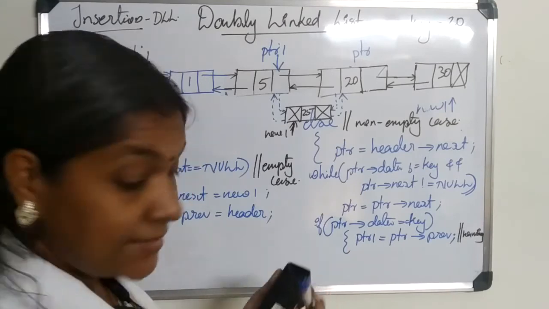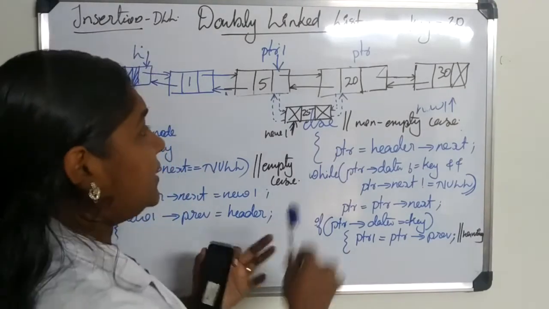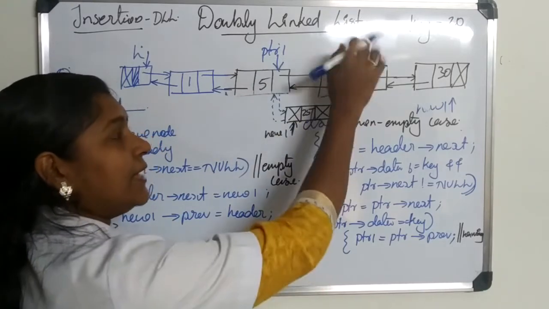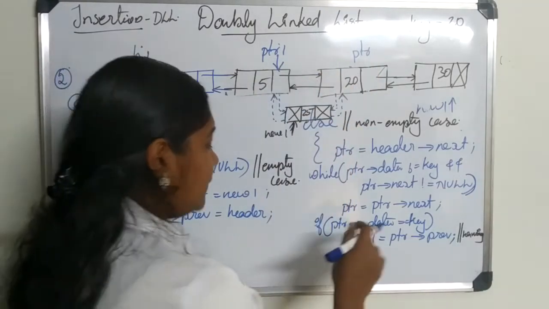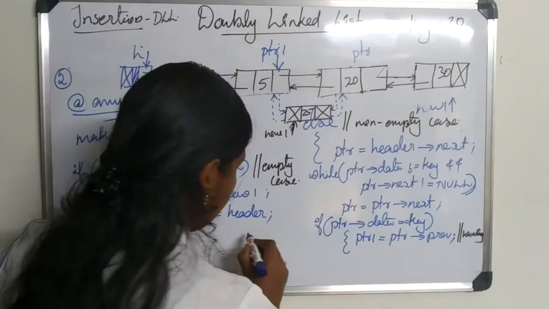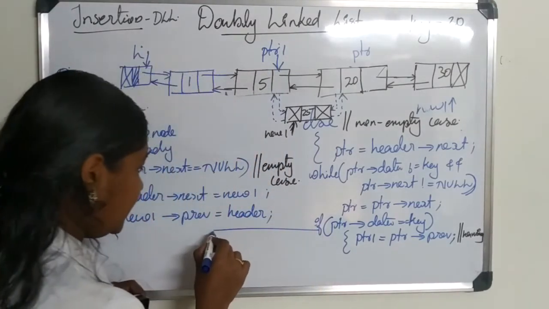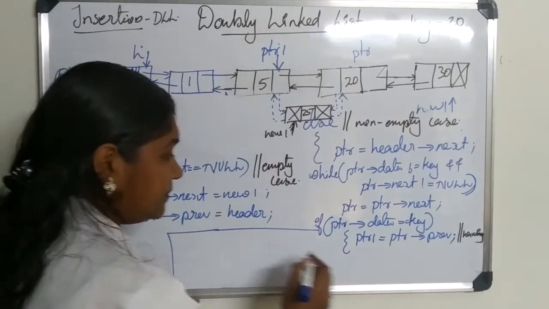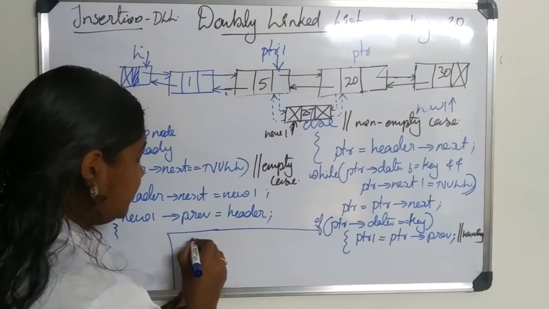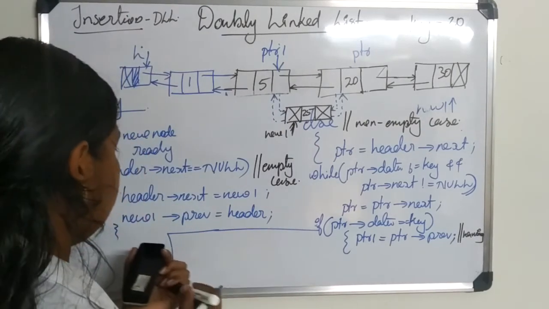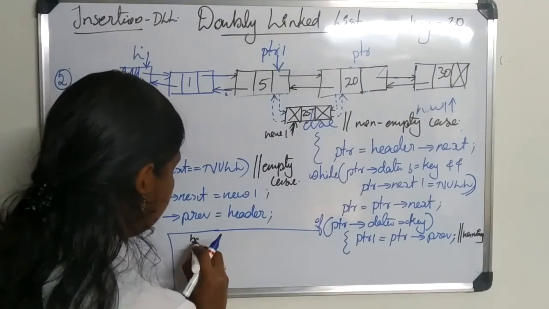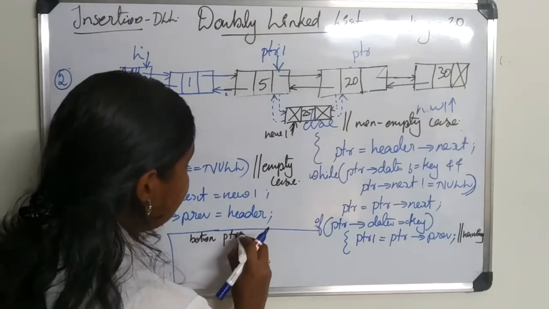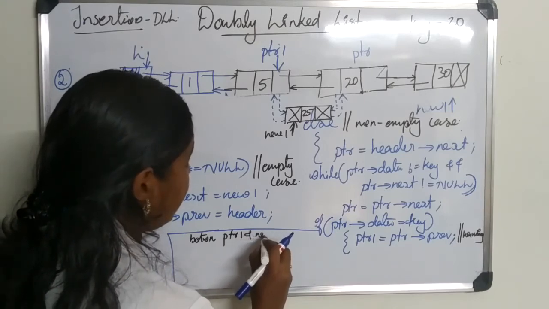Then which is the next step? Now you need to manage the pointers between ptr1 and the new one, then the new one and ptr. Okay. So first you manage the links between them. So I am writing the remaining part up here. Next is between, first I am managing ptr1 and the new one.